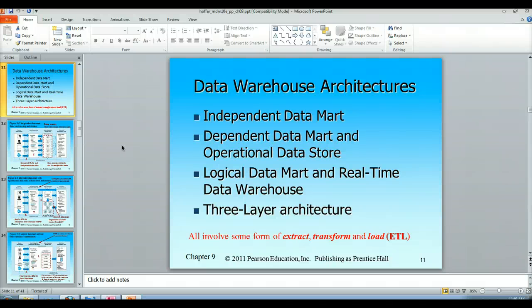All of these involve some kind of extract, transform, load process, otherwise known as the ETL process. So you need to extract your data from your operational system, transform it in some way, and then load it into your data warehouse.